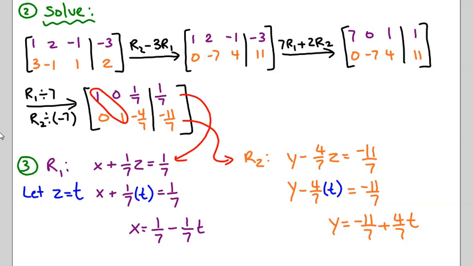It doesn't really matter what letter you use. We're going to make it into a scalar, so we're just going to use t for our parameter. And we're going to sub it into wherever you see a z, because depending on what z is, x is going to change and y is going to change. So what you want to do is sub in that t and then write down the equations in the form of t.